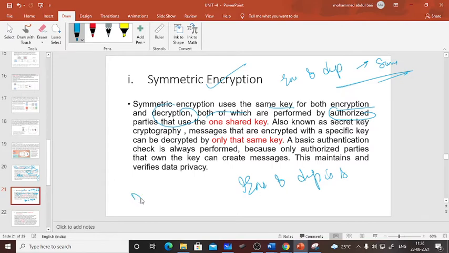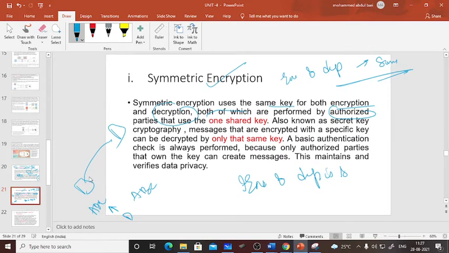Let's take an example, ABC. There is system 1 and system 2. ABC is transferred with the key D, and it is received here as ABC with the key D. They know the key, also known as the secret key. The message is encrypted with a specific key that can be decrypted only by that same key.